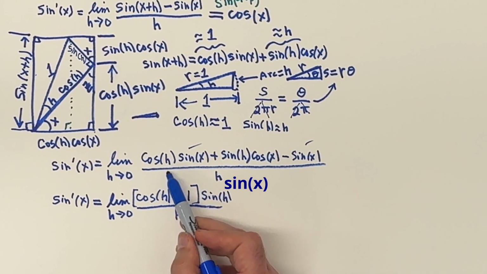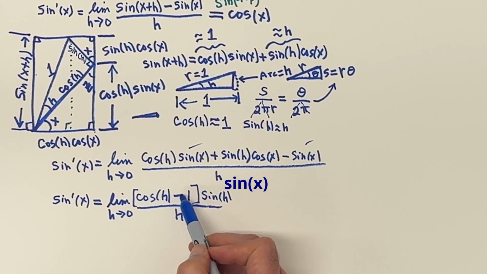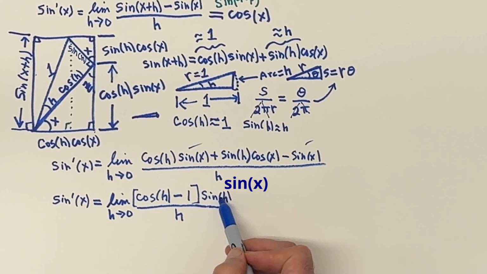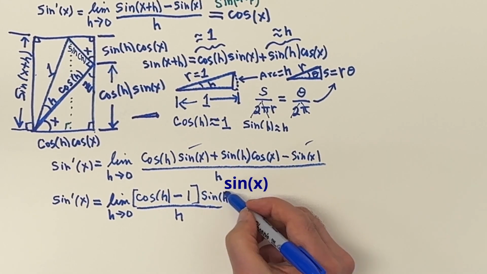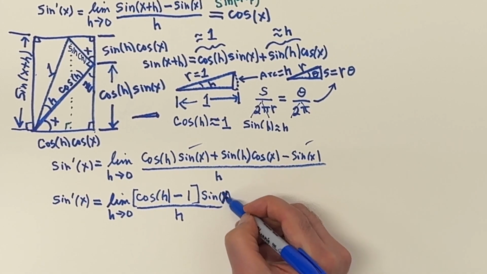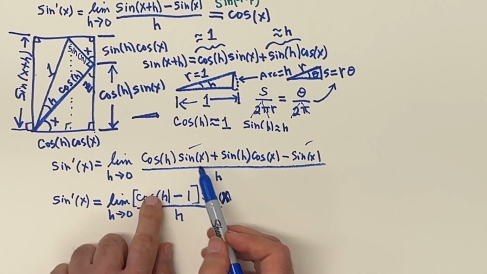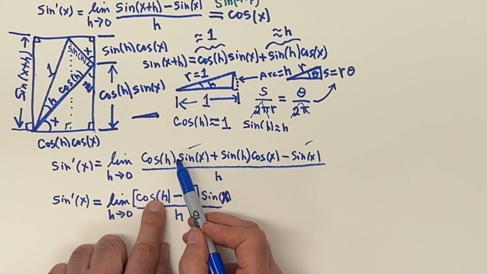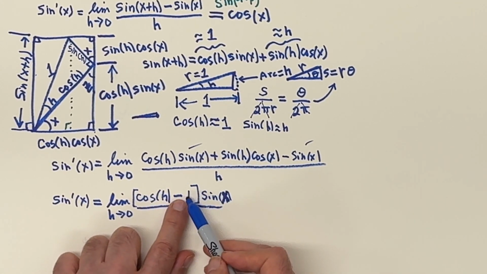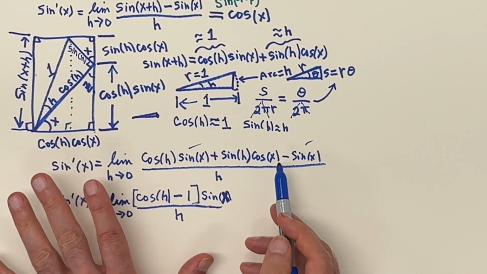So we have the cosine of h, that's here, and then minus 1, and the sine of x, sorry. This is the sine of x, all right? So the cosine of h times the sine of x, first term, last term, minus 1 times the sine of x, all right?